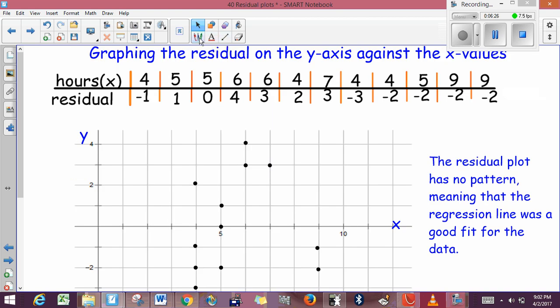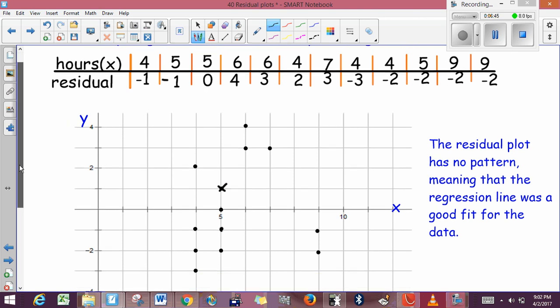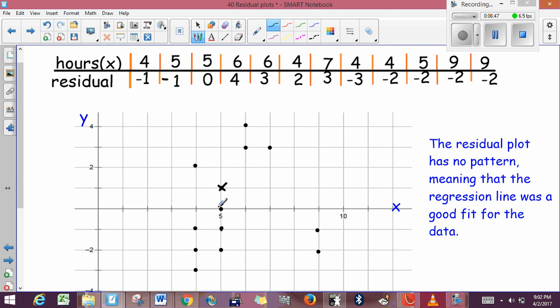So when x is 4, y is -1. When x is 5, y is -1. It should have been here, not here. Okay. It doesn't make a difference in the outcome, that one little mistake. When x is 5, y is 0. When x is 6, y is 4. When x is 6, y is 3, and so on. So I plotted all these points.